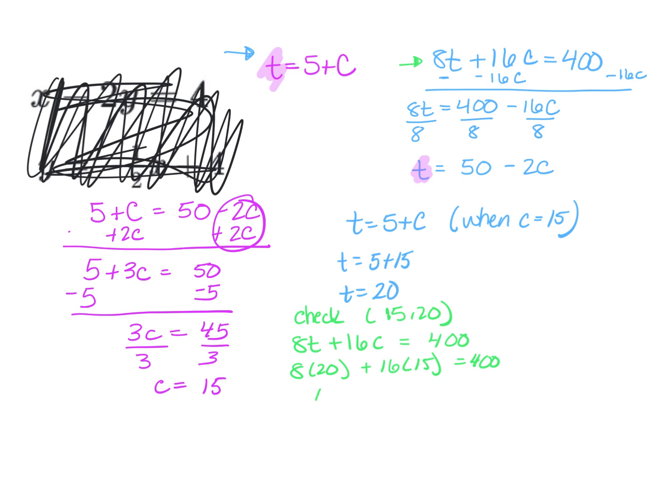Okay, so we have 160 plus 240 equals 400, and we have 400 is equal to 400. So what do we have here? We have a POI of 15, 20.